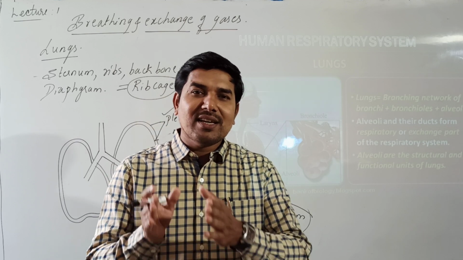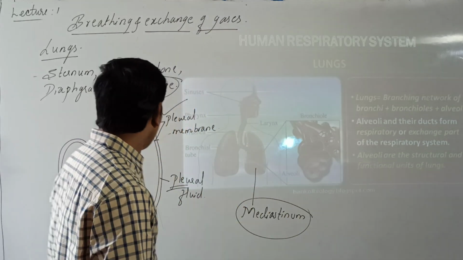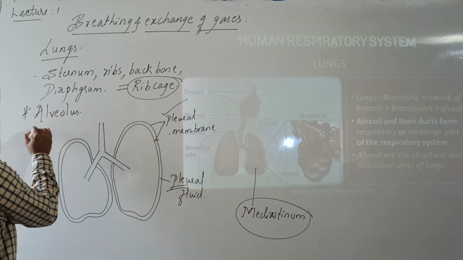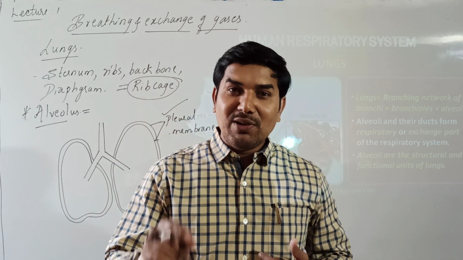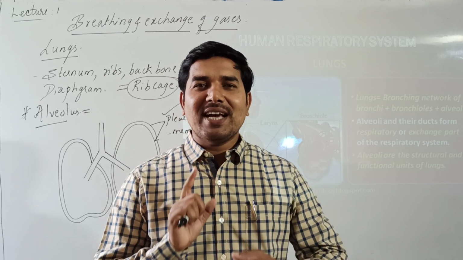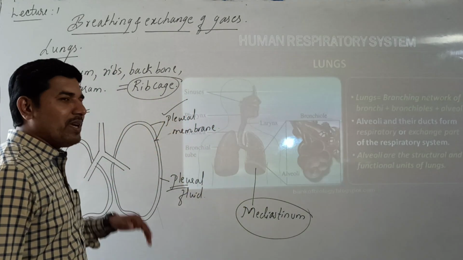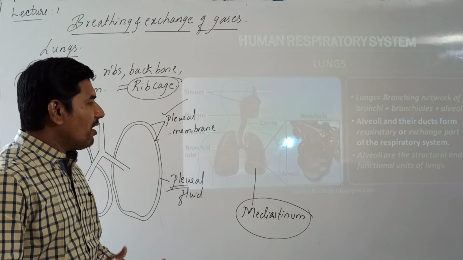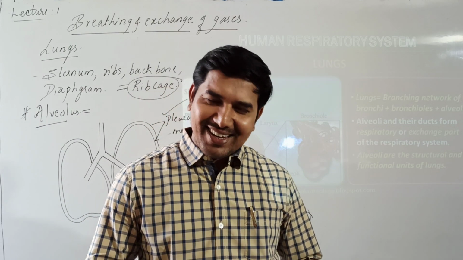These alveoli are the terminal parts of the human respiratory system, and hence we call the alveolus the structural and functional unit of the respiratory system. Alveoli are called the structural and functional unit because the diffusion, the exchange of gases, occurs in these alveoli. Okay. So regarding the further events of the human respiratory system, we will continue in the next part. Thank you.